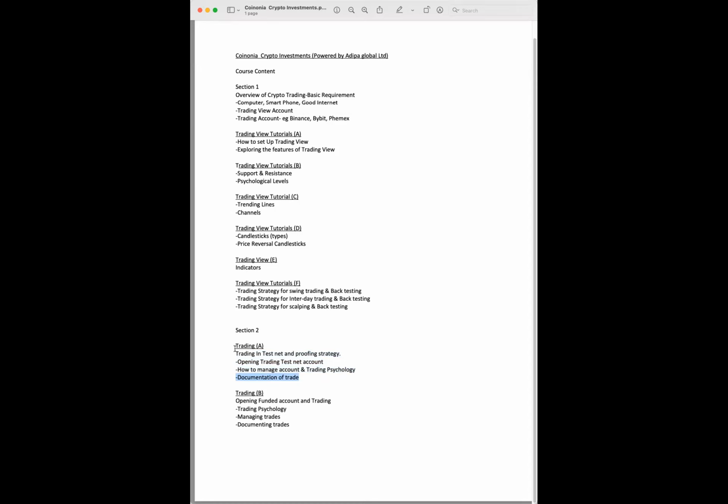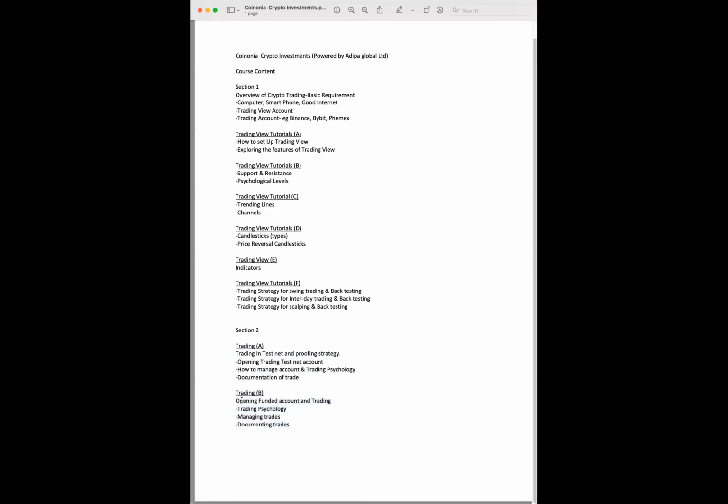Now, once you've mastered the testnet, the trading psychology and the documentation, we do it as many times as possible such that it becomes second nature. When you see the trade, you go in normally; it becomes like a walk in the park for you. Then you start trading for real.